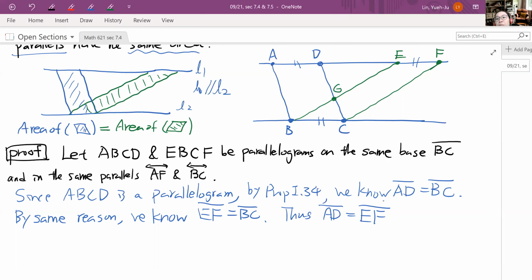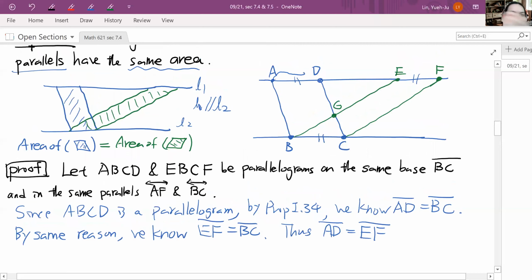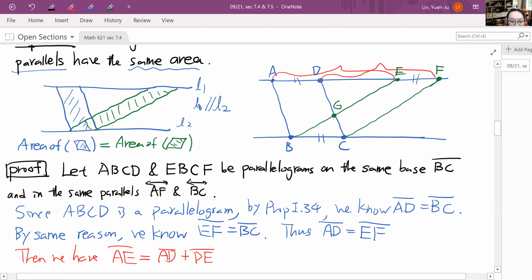Now why do I need to first prove this? Because I'm going to use the segment AE, okay? So now if you look at this segment AE here, let me push it up a little bit. Oops, I want a different color. So if you look at AE here, and also later on, I'm going to use DF, okay? So now let's see. If you look at AE, this is essentially AD plus DE, right?